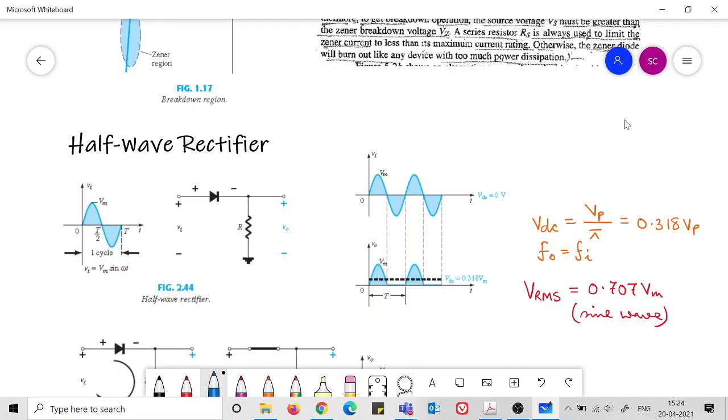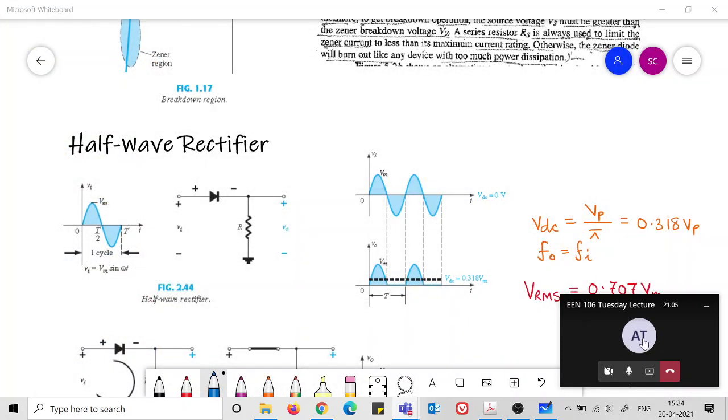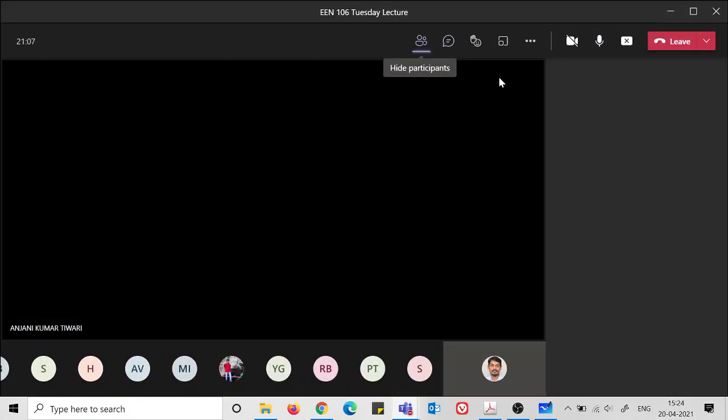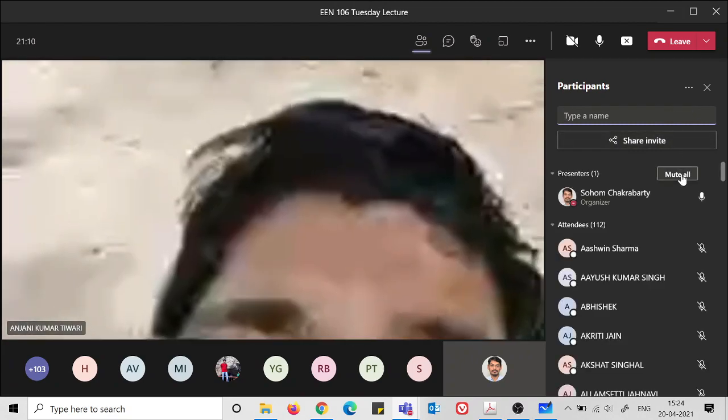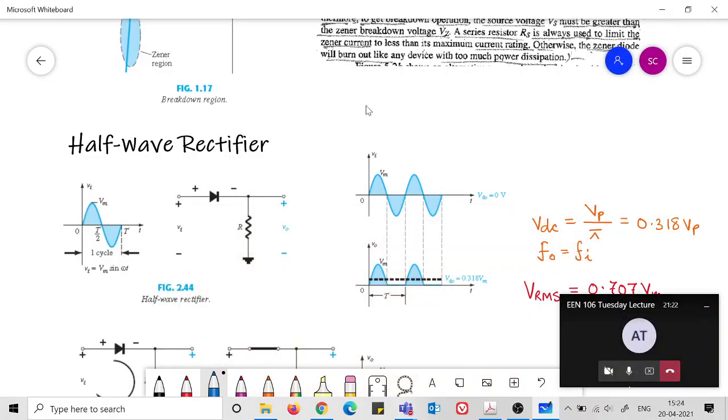You can speak up because I am not seeing the actual team screen. I am seeing the whiteboard. Yes, that's open now. Someone was trying to say something, but it disturbed everything. There was a voice feedback from someone.